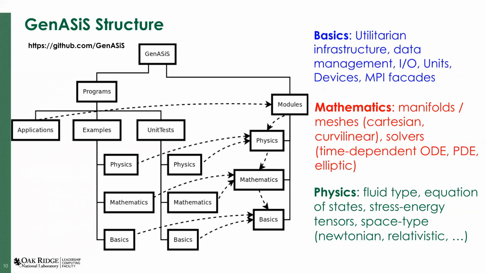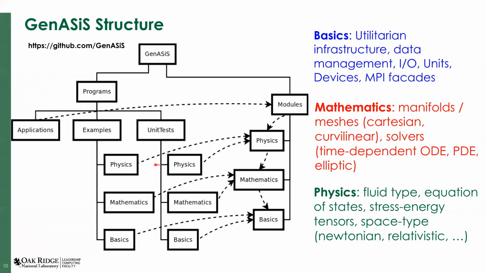We do somewhat unit test development for GenASIS. As you can see here, on the right side is the module, where we do all of the classes and solvers, and on the left side we have programs, application examples, and unit tests. In examples and unit tests we have a corresponding division to the modules that we have.